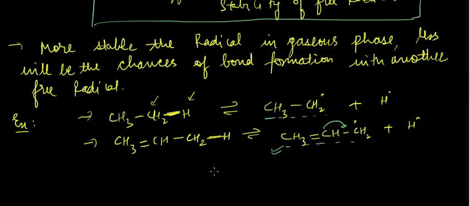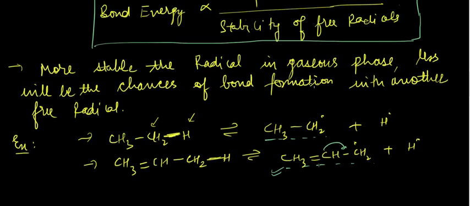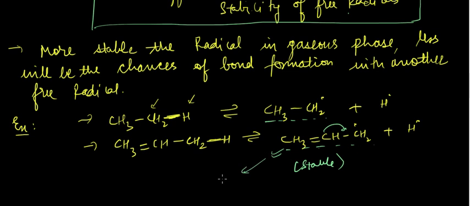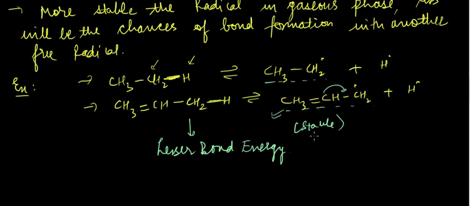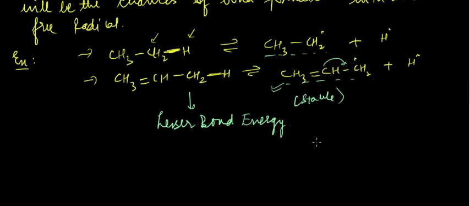Okay, so as you can see, there is an inverse proportionality between the bond energy and stability of free radical, so it is more stable, hence the second one has less, or you can say that this compound has lesser bond energy. Okay, and the more stable the free radical, the less is the chance of again colliding with the H dot free radical.